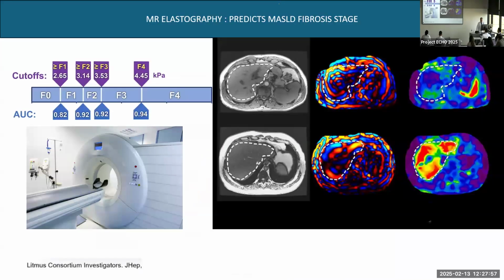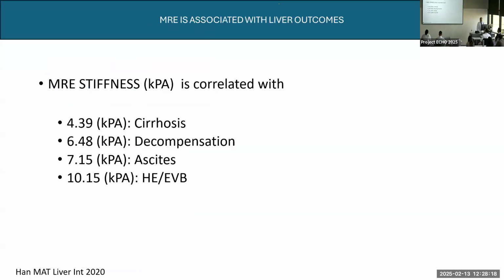The last one is also elastography like VCTE, but done with MRI. For this modality, we have different cutoffs. It is still kilopascal, but with different cutoffs, and we have good prediction of liver outcomes. As we see with increasing kilopascals, we have decompensation.